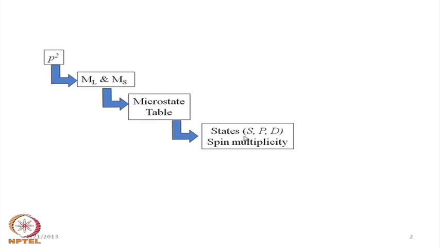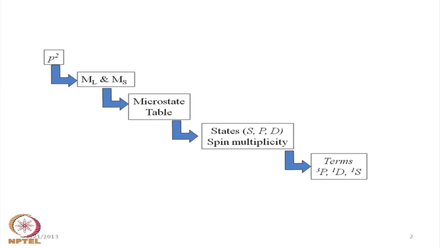These are the possibilities, S, P and D levels, depending upon the capital L values of 0, 1 and 2. If it is 0 it will be S, if it is 1 it will be P, and if it is 2 it is D. Then we can have the corresponding terms. The combination will give the ground state as the triplet P level, then the singlet D level and the singlet S level. So, these are the three levels we can have.